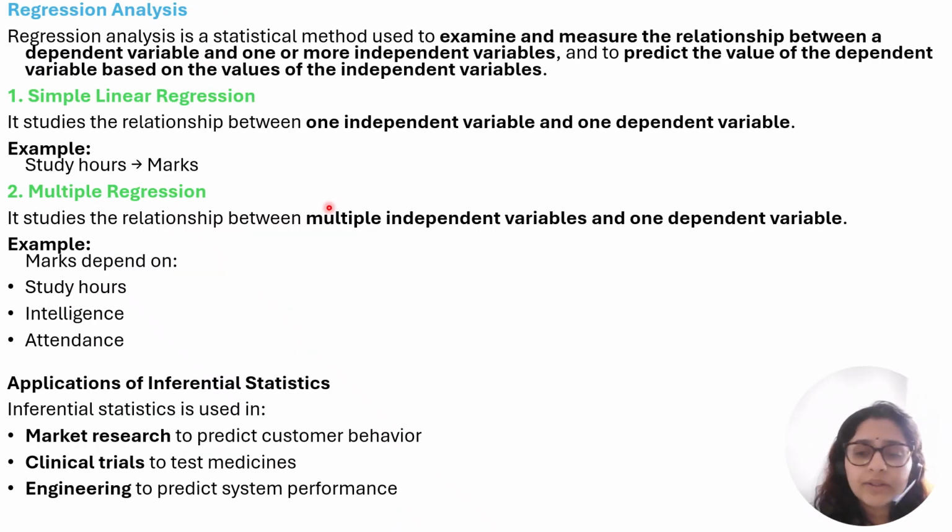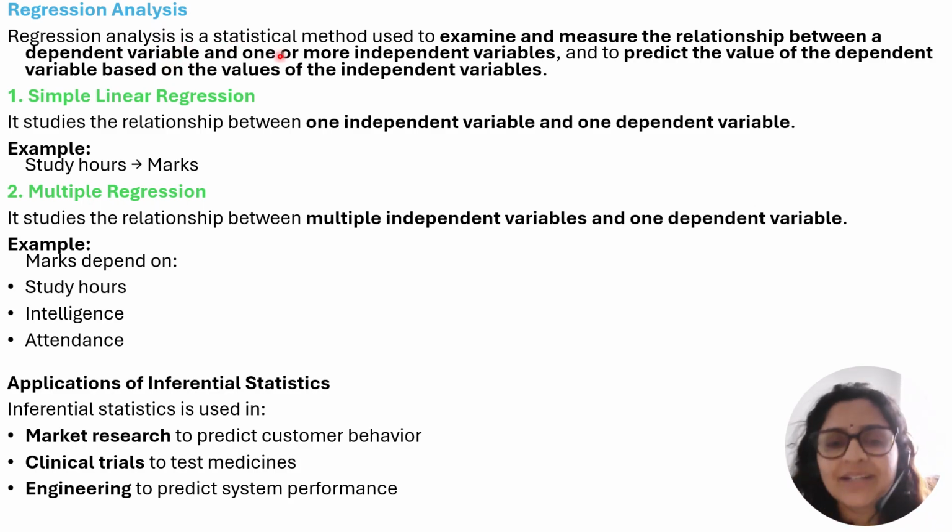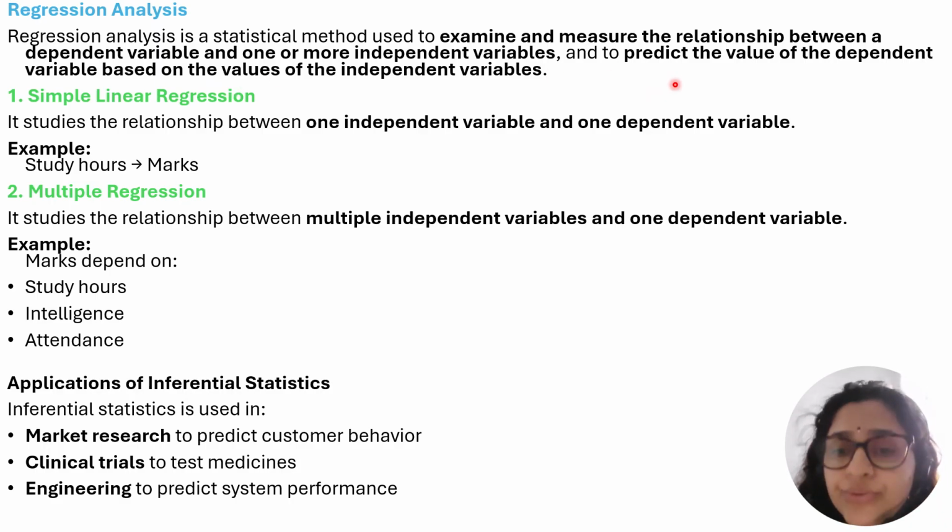Then there's one more important thing, the regression analysis. Regression analysis is a statistical method that is used to examine and measure the relationship between a dependent variable and one or more independent variables. It is also used to predict the value of the dependent variable based on the value of the independent variable.